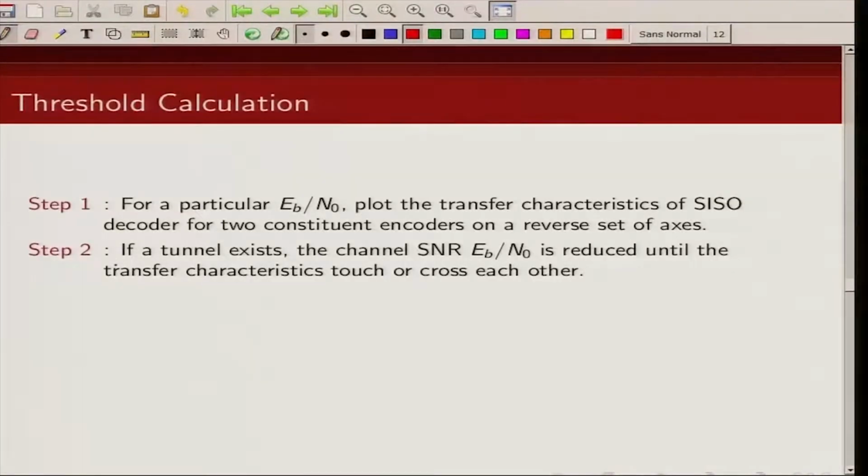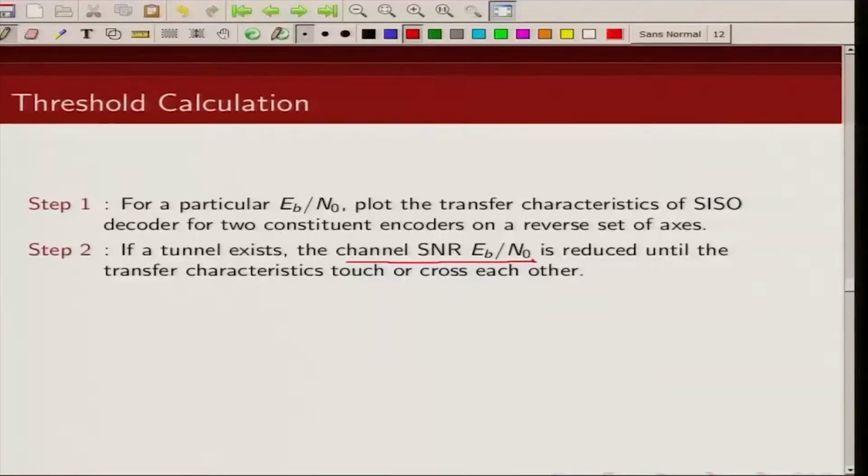Now, if these transfer characteristics do not cross, that is, there is a tunnel in the sense that they do not touch each other, then the operating channel SNR is reduced until these transfer characteristics just about touch.